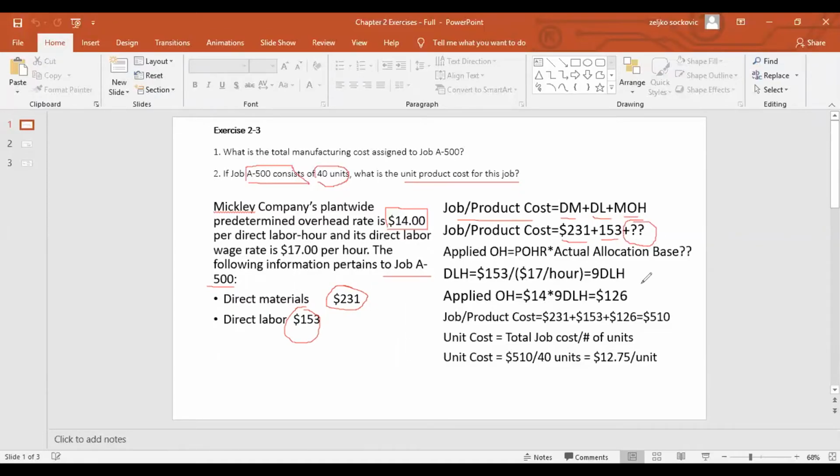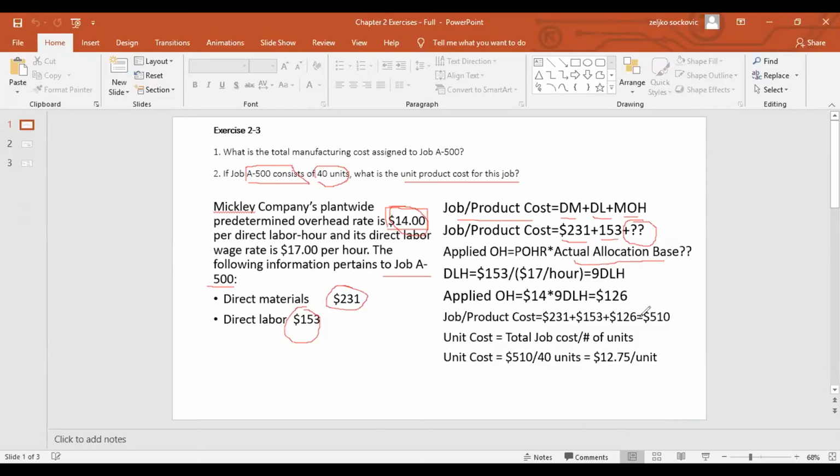How do I get my overhead? Well, we would go through those steps, estimated, to find POHR, but we already have POHR, $14. So we need to multiply our POHR by something, right? What is this something? Well, the actual allocation base.